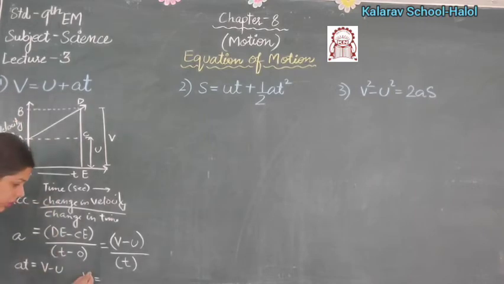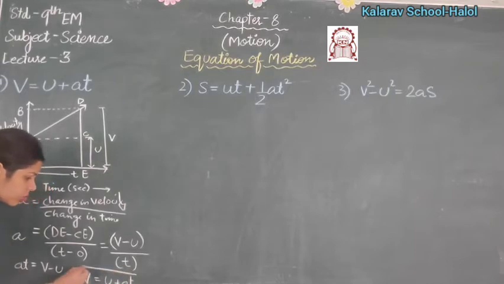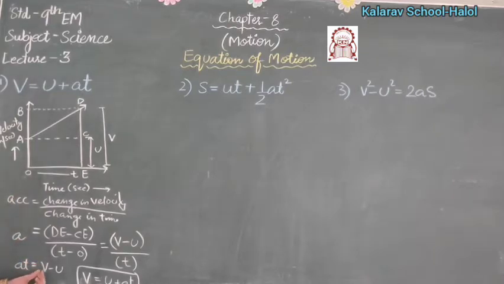So v = u + at. So here we have derived equation number 1. By simple rearranging, we calculate v. I take u to this side, so v = u + at.